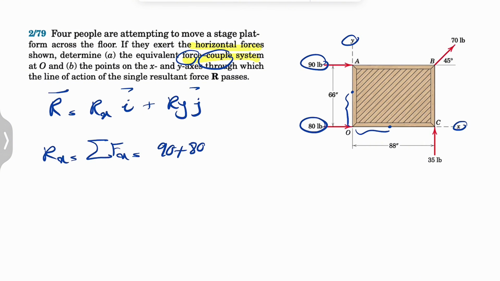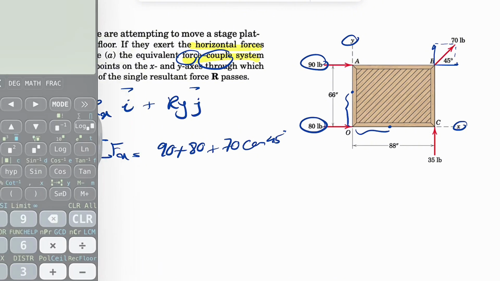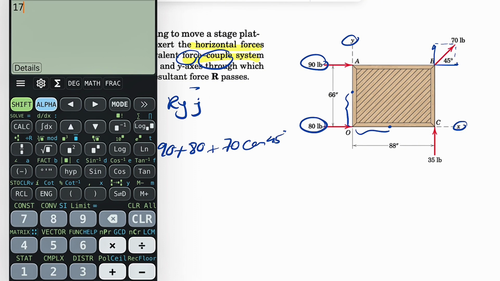And we also have the x component of 70 pounds, so if you resolve it, it's going to be two components, and 70 cosine of 45 degrees is going to be the x component. So that's pretty much everything for Rx. Let's see what we get. So 90 plus 80, 170 plus 70 cosine of 45.